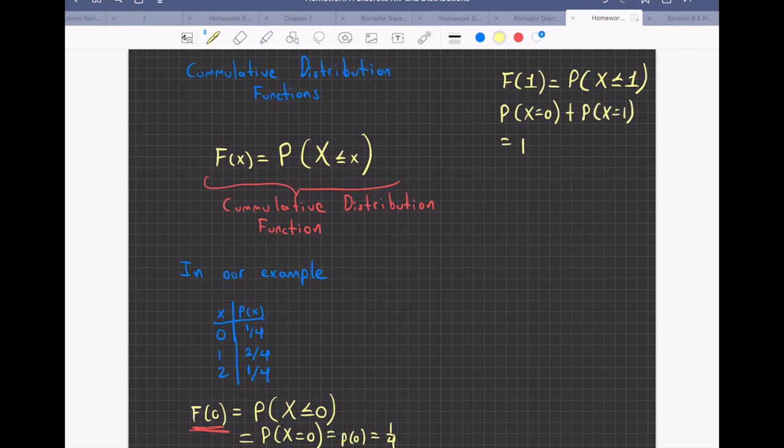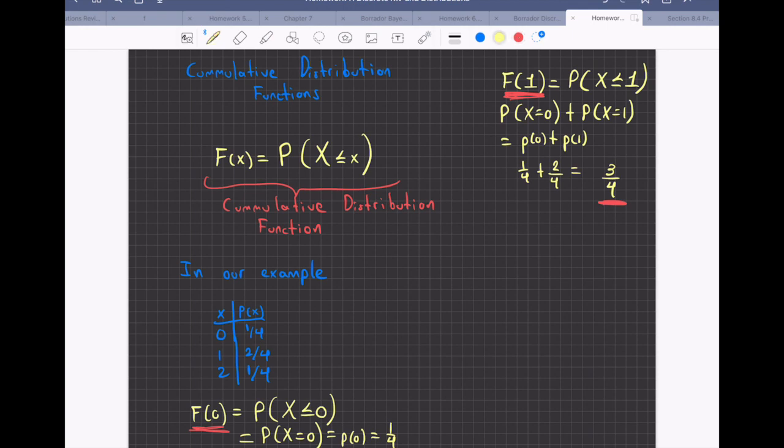This is p of 0 plus p of 1, and if you check the table, it is 1/4 plus 2/4, which is 3/4. F of 1 is 3/4.